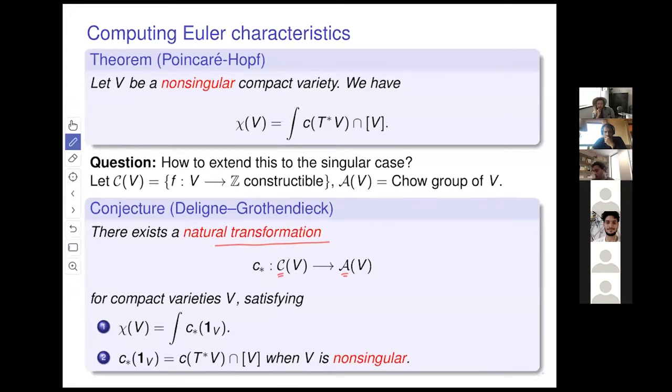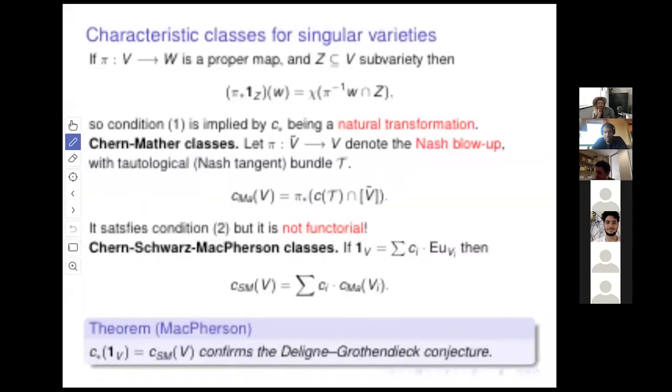Perhaps we know what the Chow functor does to maps. It's just the usual push forward of cycles. So maybe I should say how C is a functor, how it acts on maps between compact varieties. So how do you push forward a constructible function?